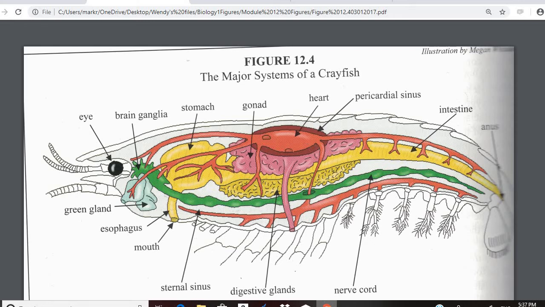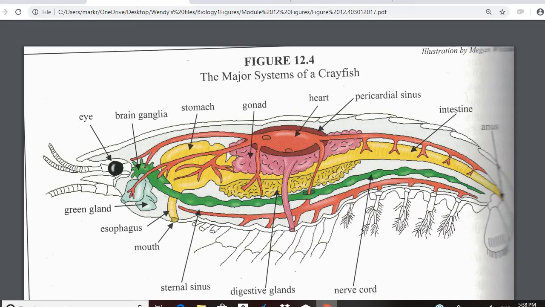While the blood is circulating, it also travels through this thing that is called a green gland, and that green gland helps to clean the blood of any impurities.